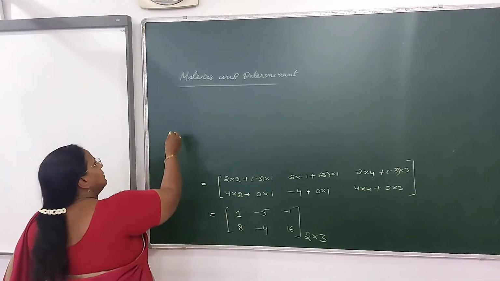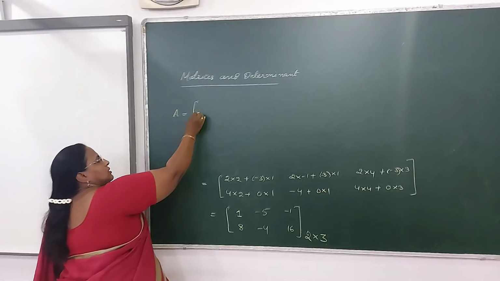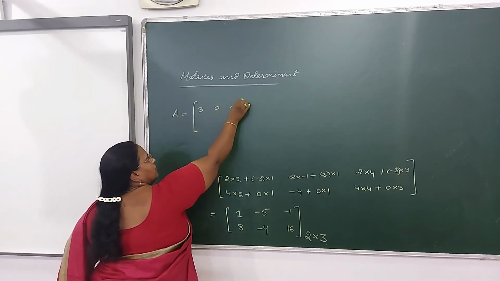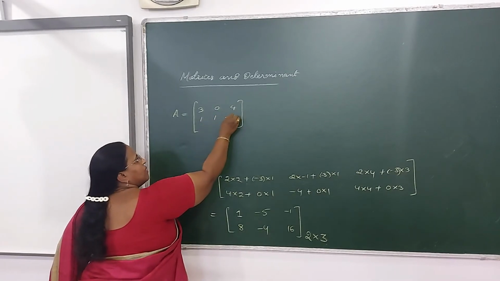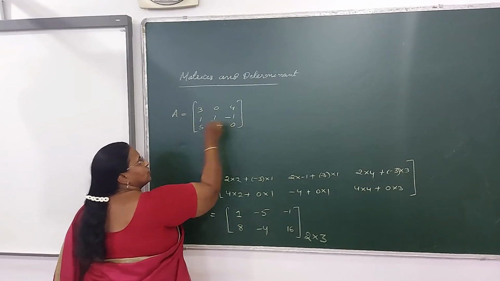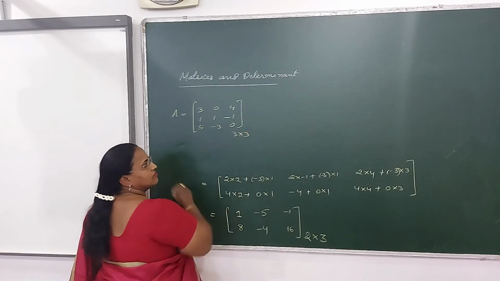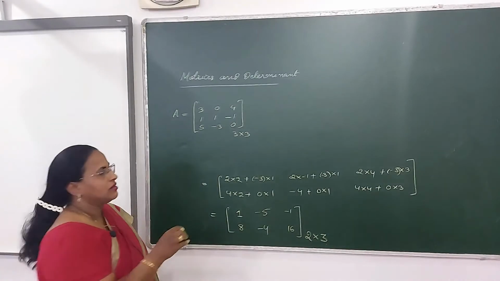Let A be a matrix: 3, 0, 4, 1, 1, minus 1, 5, minus 3, 0. This is a square matrix of order 3.